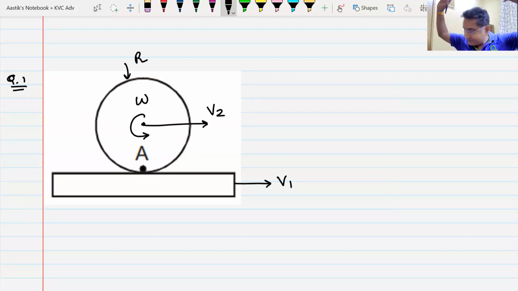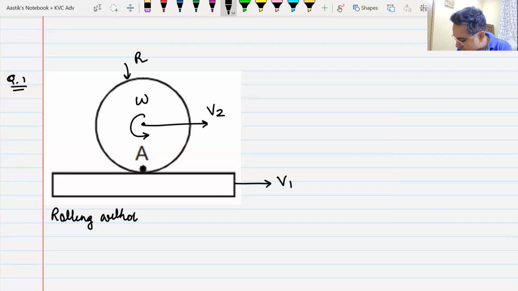Everyone understands? Yes, sir. Now, this is pure rolling, or rolling without slipping. Can you tell me the relation between v1, v2, and omega?